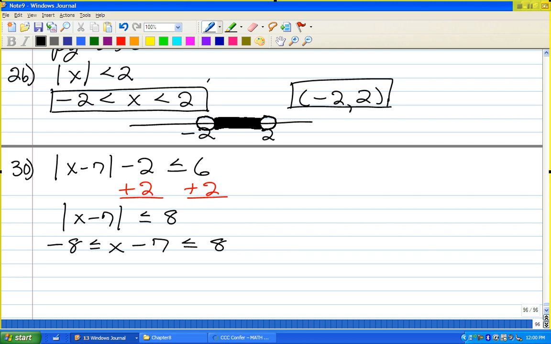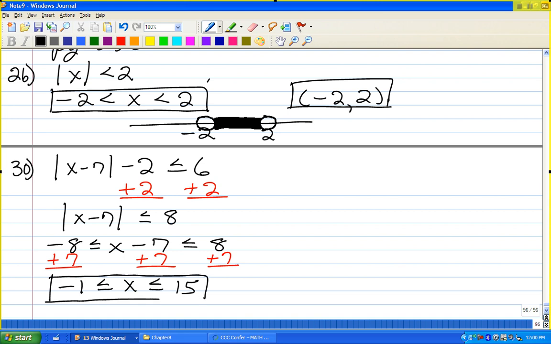I want to solve for x, and so I want to isolate x in the middle. It's a three-part inequality, so let me add 7 to all three sides of my inequality. And so negative 8 plus 7 is negative 1, is less than or equal to x, is less than or equal to, the 7's cancel, 8 plus 7 is 15. And so this is the closed interval from negative 1 to 15.